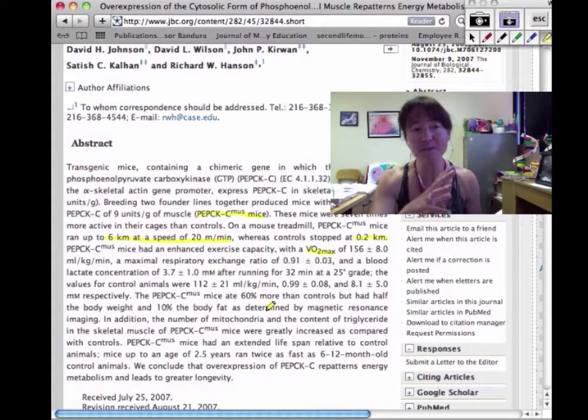It is measurable, right? It's an incredibly large effect of overexpression of PEP carboxykinase. This makes sense, doesn't it? Because PEP carboxykinase is making possible the conversion of non-carbohydrate precursors into carbohydrates, the creation of glucose. Crazy.